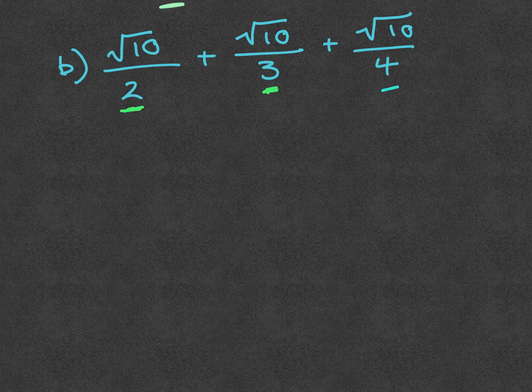All right, so in this case, I'm going to change the colour again. We need to change the denominator on all 3 of these fractions so that they have the same denominator. And the way we do this is that we have to multiply each one of these 3 terms by a number so that it makes the denominators the same.